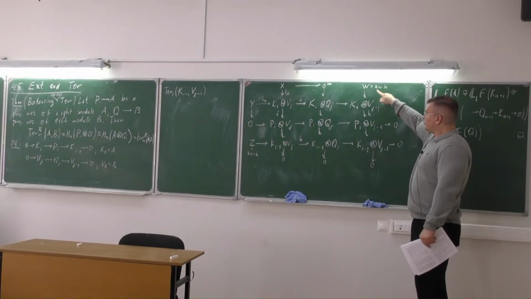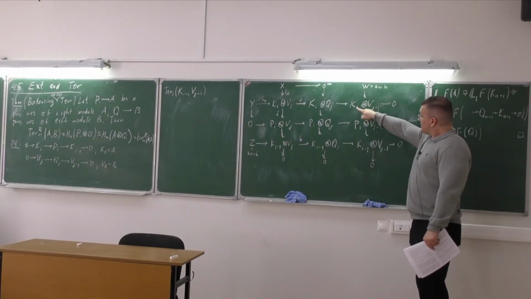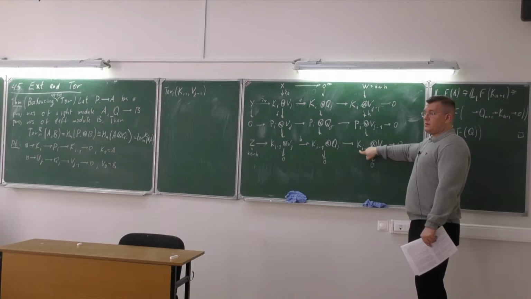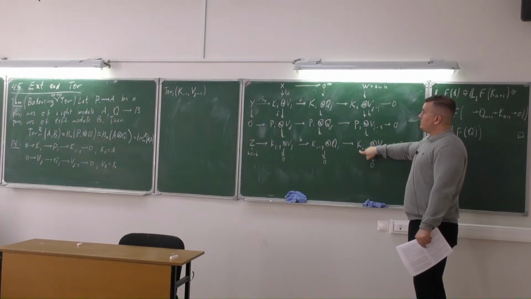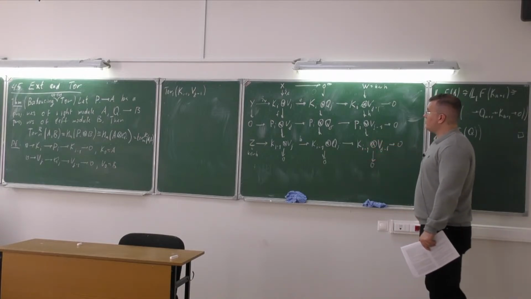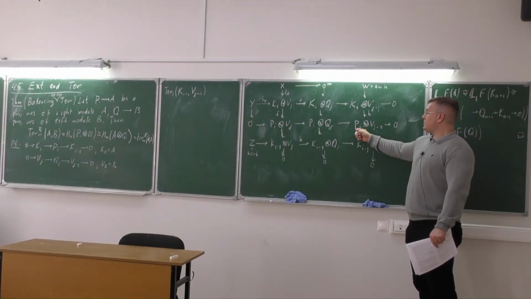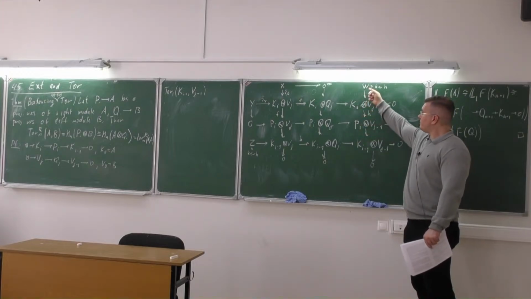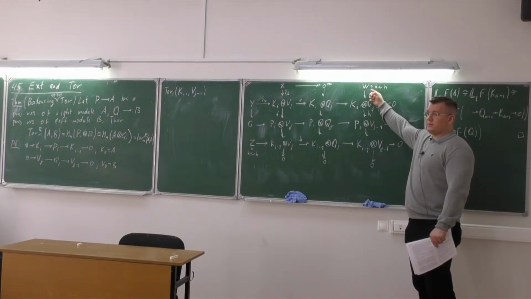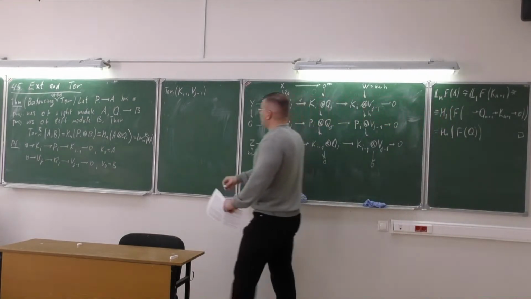Again, you look at the short exact sequence, in this case k_i, p_i, k_(i-1), you apply the tensor product, you write the long exact sequence of Tor, but since this is projective, hence flat, again you get just 4 terms, so there will be a kernel which is W, and that's precisely the Tor_1.